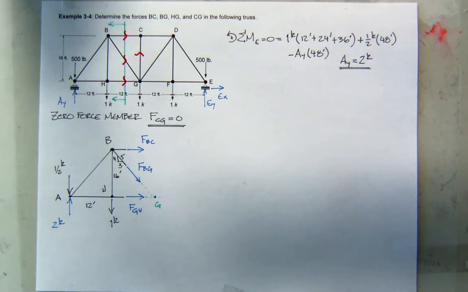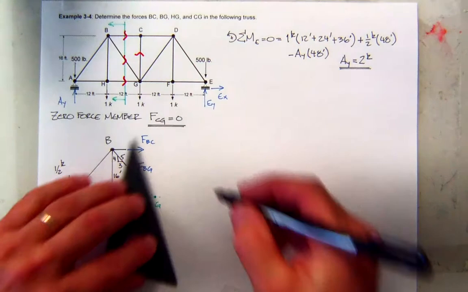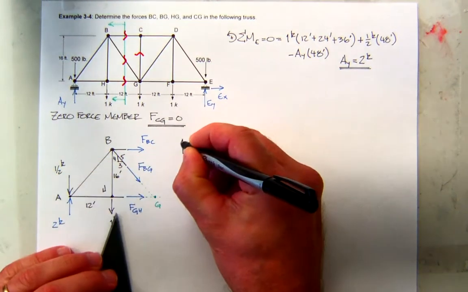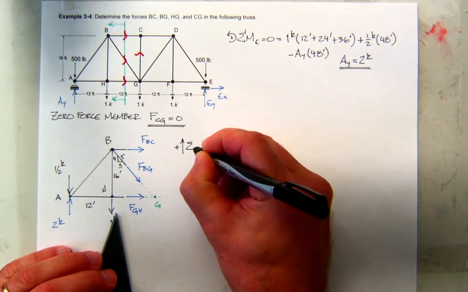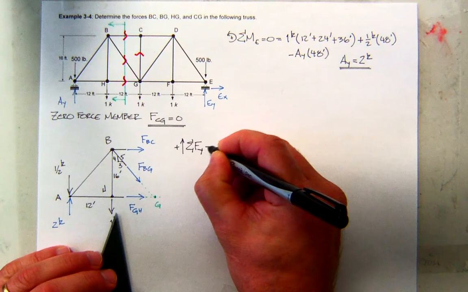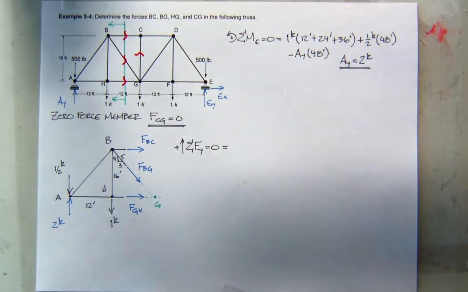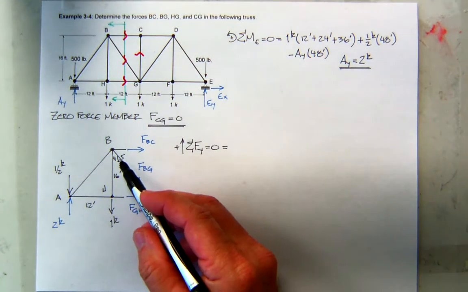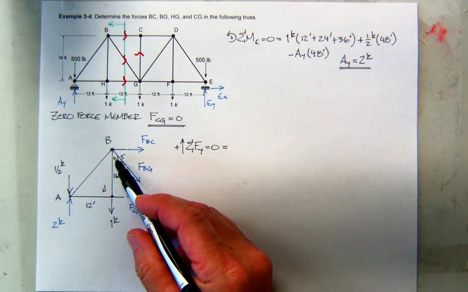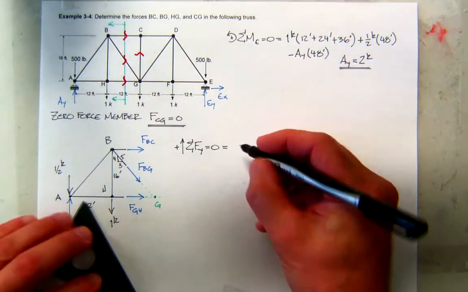So I'll just kind of reverse the order that we did previously, and I'll start off by summing forces in the y direction. So I've got the y component of BG, that would be 4/5, and it's acting down.